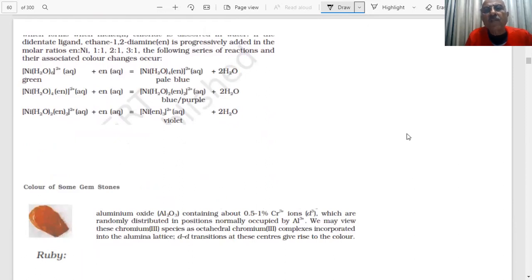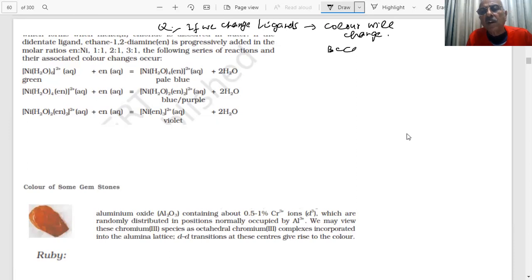Another question was asked: what happens when we change the ligands? If we change the ligands, the color will change. Why? Because the splitting energy Δo value will change, the magnitude will change.